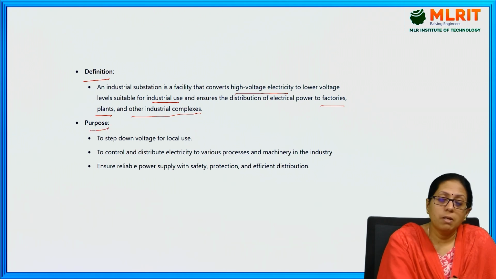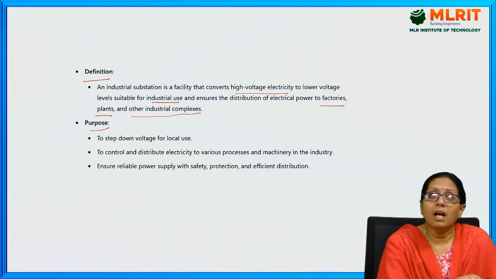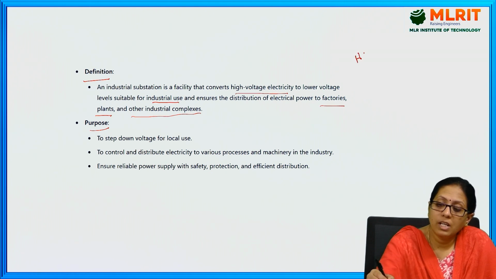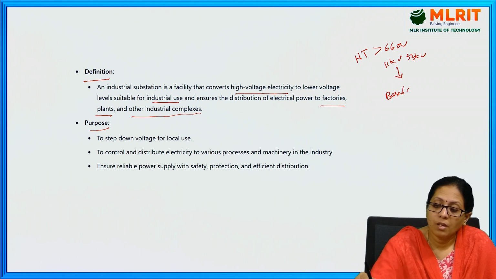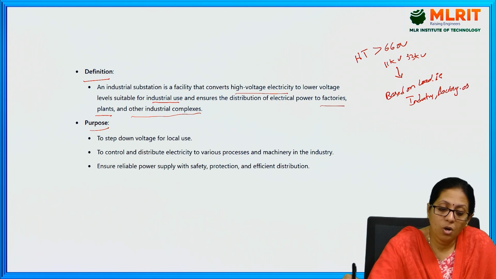Next one is purpose. What is the purpose? To step down the voltage for local use. That means the high tension voltage is mostly more than 660 volts, that is 11 kilovolts or 33 kilovolts. So this voltage is being reduced based on the load. The load may be an industry or a factory or a commercial building.